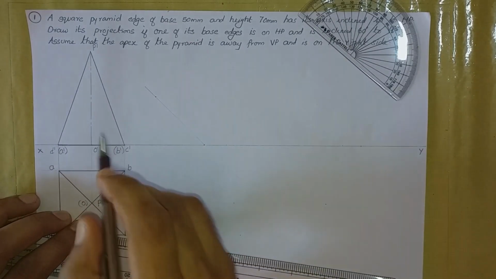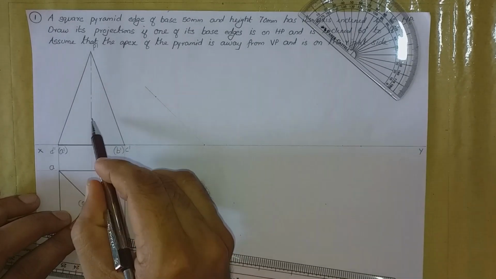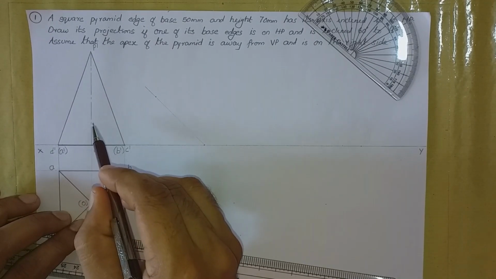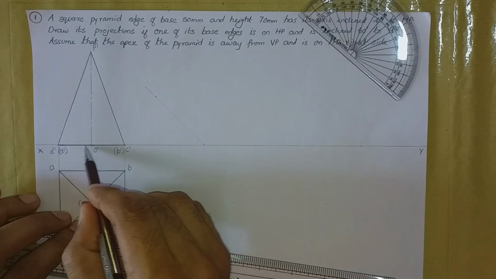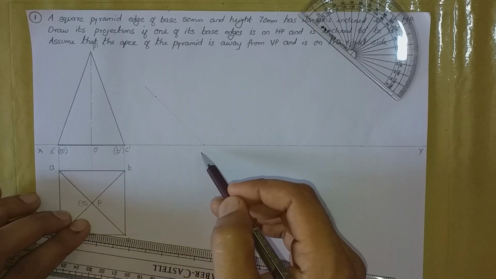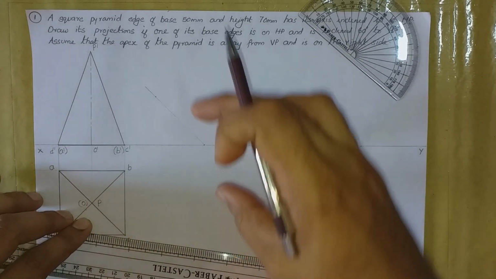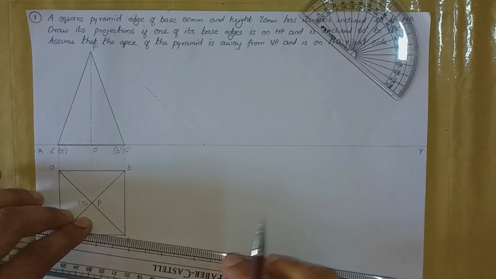So axis and base are at an angle of 90 degrees. So if the axis is inclined at an angle of 45 degrees, the base also will be inclined at an angle of 45 degrees with respect to the horizontal plane as they are perpendicular to each other.